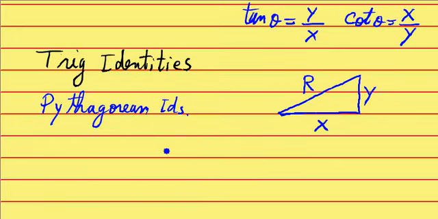So what was the Pythagorean theorem? It said that x squared plus y squared is equal to r squared. Well, that very famous formula translates into quite a few identities for us. In fact, a large number of identities in this topic all come back to this.